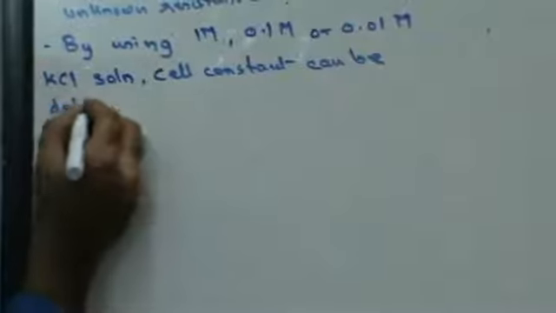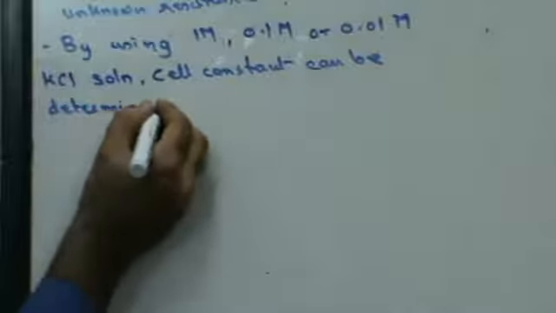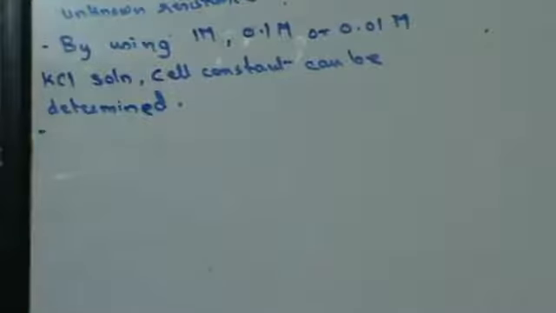So first thing I need to make sure is that the molarity of the solution is correct. Now the conductivity of KCl is known at different temperatures. Hence, by using the principle of Wheatstone bridge, the resistance of KCl can be determined. Why are we using this?